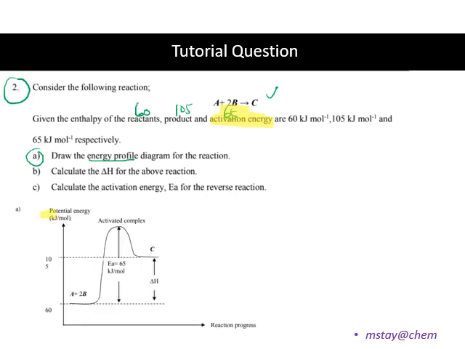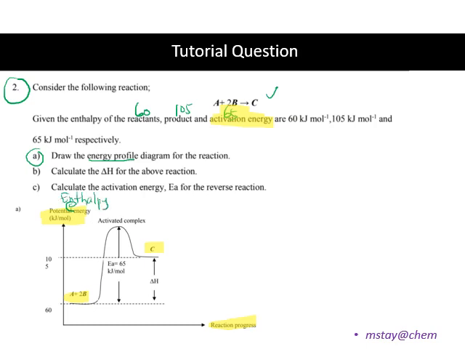The y-axis is potential energy in the unit of kilojoule per mole. The x-axis is the reaction progress. Then you have to label the reactants and also the products according to the chemical equation. If you don't want to use the term potential energy, you also can use the term enthalpy.